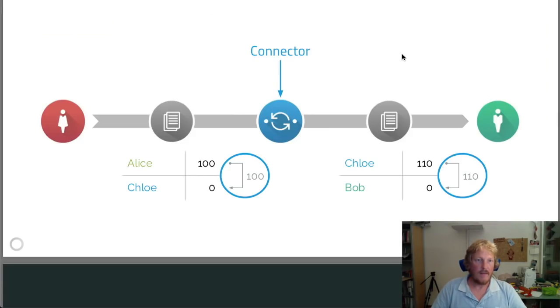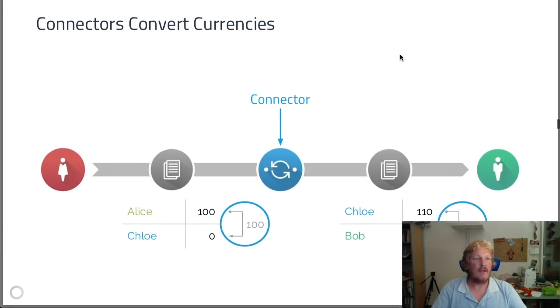Okay, then I have found an interesting presentation from Intellecture, which basically depicts what I've been telling in the other video, that the connector really converts currency, and that's really the key, because here we think it could be XRP.